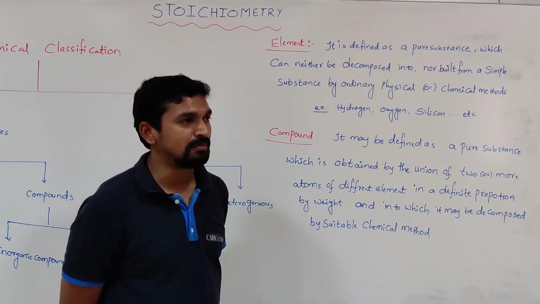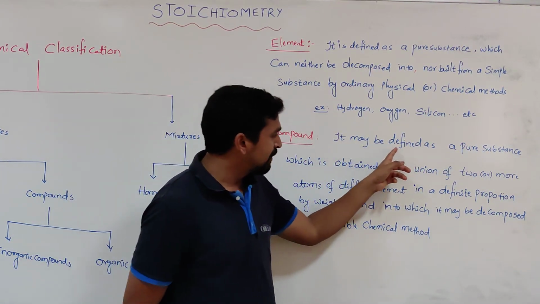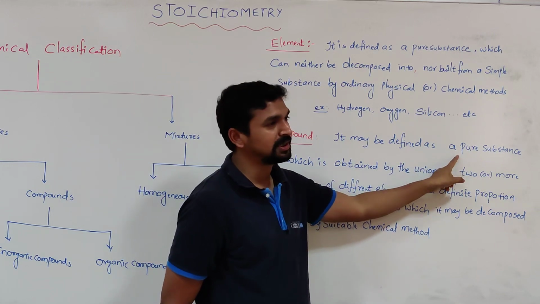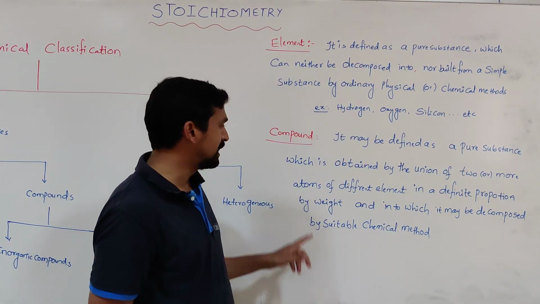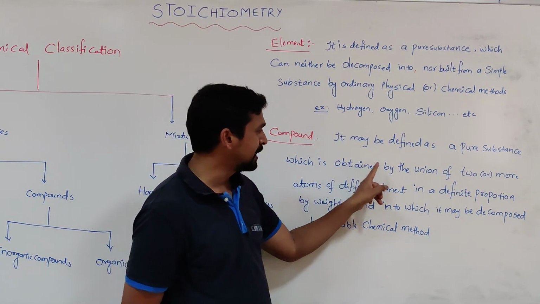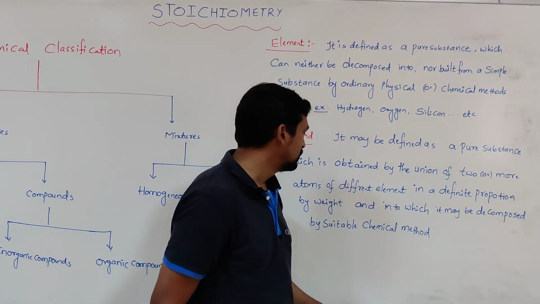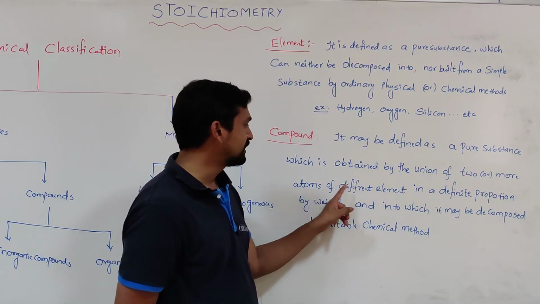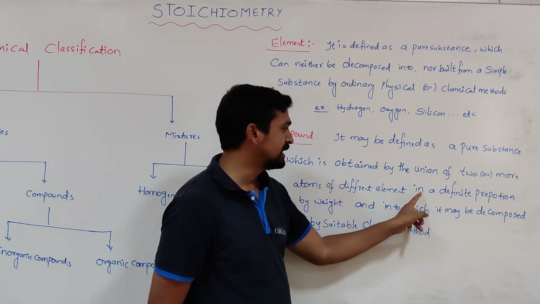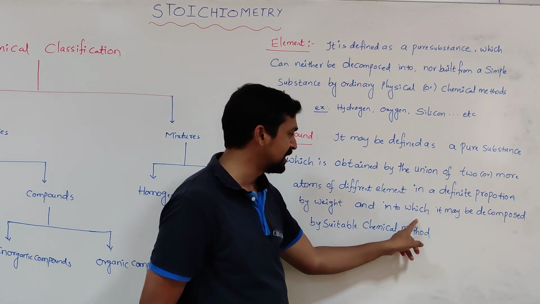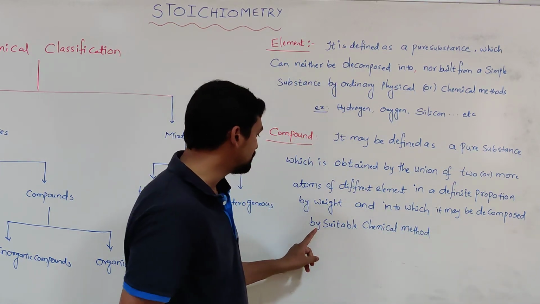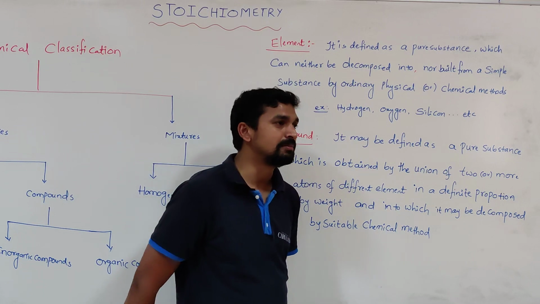And when it comes to the compound, what do you mean by a compound? It may be defined as a pure substance. That means it also consists of only a single type of particles, but those particles are obtained by the union of two or more atoms of different elements in a definite proportion by weight, and it may be decomposed into them by a suitable chemical method.